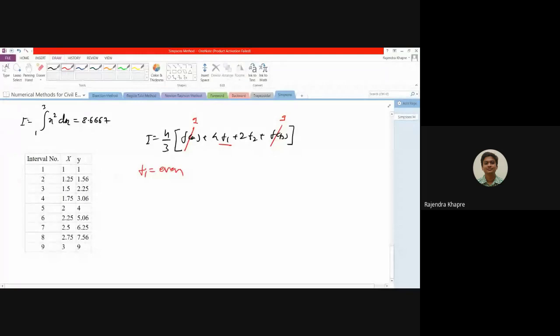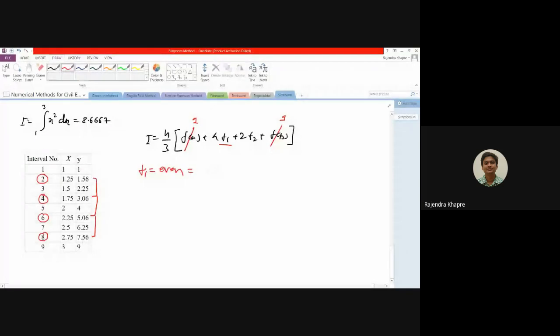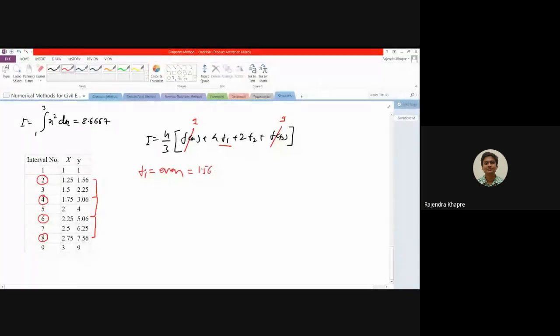So what are the even numbers? This is 2, this is 4, this is 6, and this is 8. So you just have to sum these values: 1.56 plus 3.06 plus 5.06 plus 7.56.